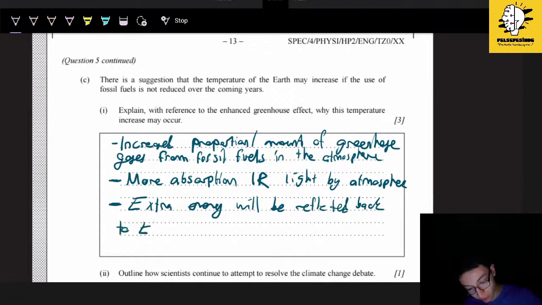Let me just summarize how this occurs. There are some greenhouse gases, including carbon dioxide, which, due to their polarity, have a different vibration as the sunlight hits them. Due to this photonic effect, their vibration frequency will be at a certain level. Therefore, they will absorb infrared light, and infrared is, as you may know, hot.